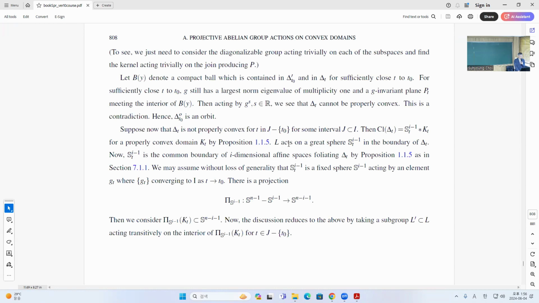Okay, so these are in the limit. So therefore they will intersect the previous approximate orbits. So then you can act to show that this gamma_t was not properly convex. So this is a contradiction. So it's not properly convex, and you can always project to make it properly convex, and then you can argue from there.